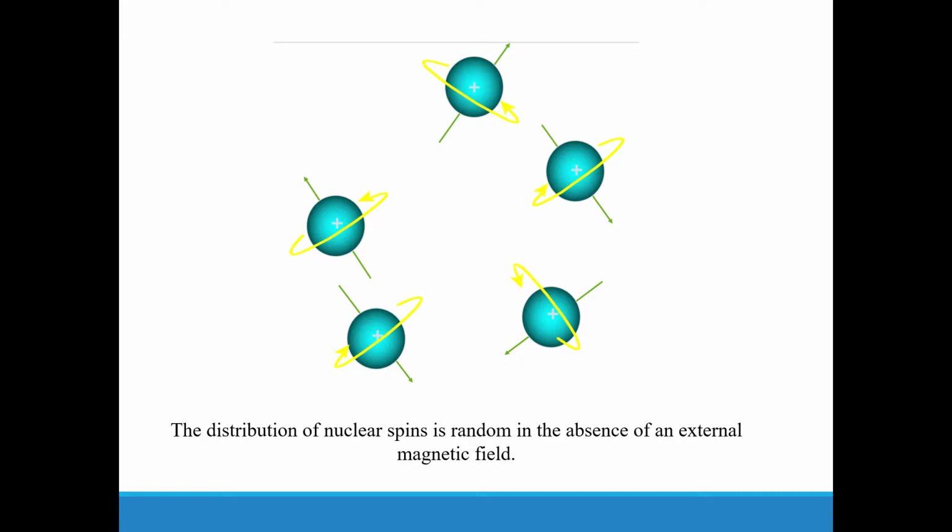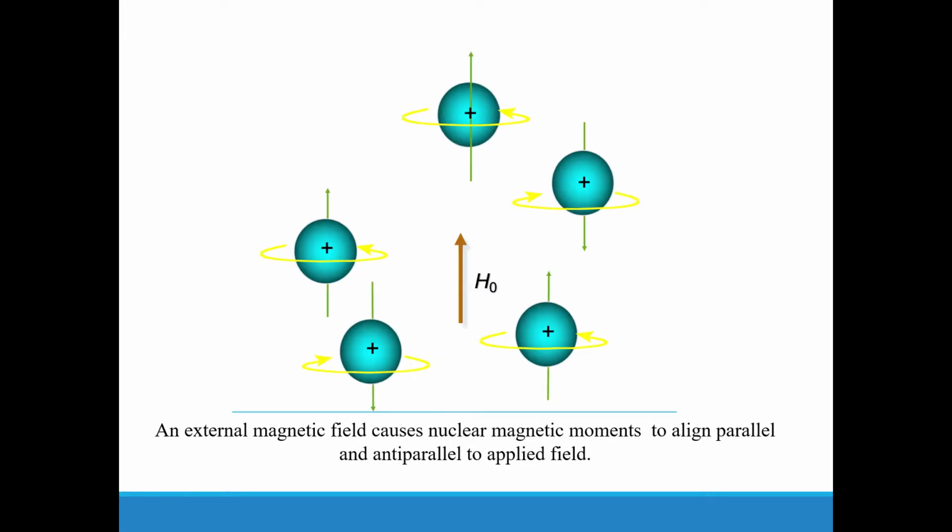Normally, this magnetic field is quite random, but if we apply an external magnetic field, such as this magnetic field H0, we're able to align the random spins into some kind of parallel or anti-parallel orientation that follows the magnetic field we've applied. So we can see that all of the magnetic fields are facing in the same direction, but they're going either in the positive or the negative 1/2 state.